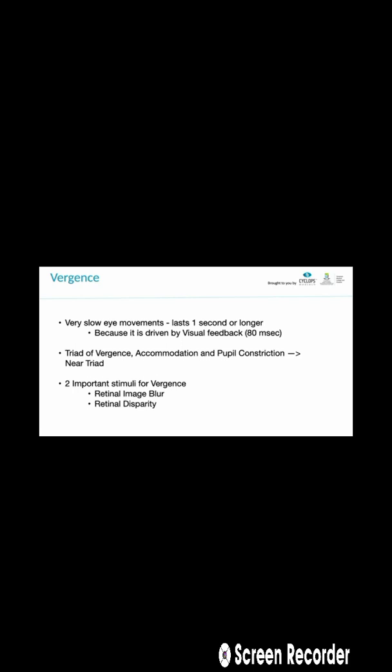So retinal image blur is one of the stimuli for vergence. Similarly, if a single object casts its image on non-corresponding points on the two retinas, vergence eye movements are elicited to realign the lines of sight to achieve single binocular vision.